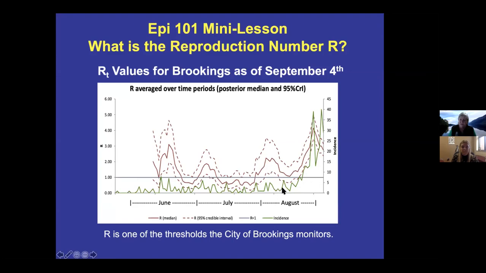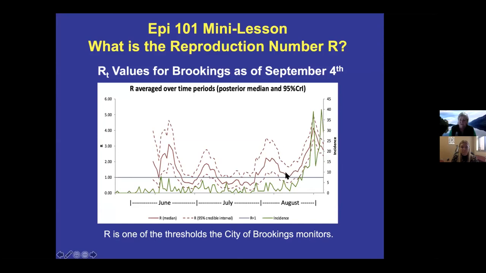These are taken from the Department of Health website, so they're the dates that the cases were posted on the DOH dashboard. So you can see that early in September, since this is as of the 4th, this last section of the graph is in September, we had close to 40, maybe 40 cases on this particular day.